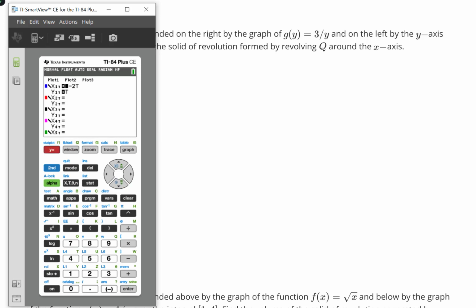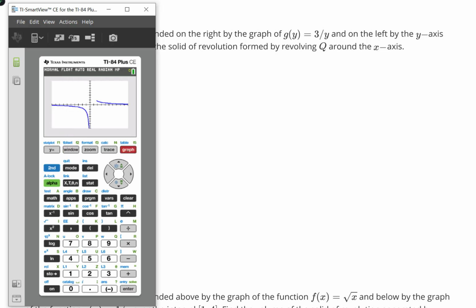So if I go under y equals, I just need to set the correct variable to be my independent variable. In this case, the independent variable would be y, and the function x is x equals 3 over y. Well, if y is t, then it's 3 over t. And let me just make sure I'm in the standard viewing window.